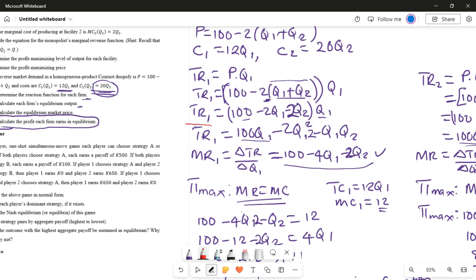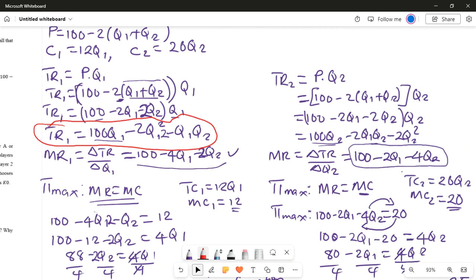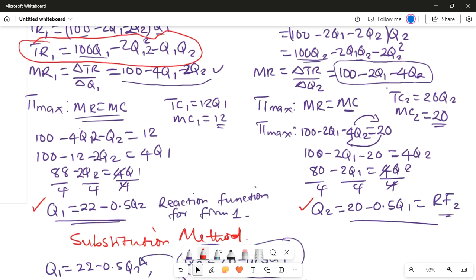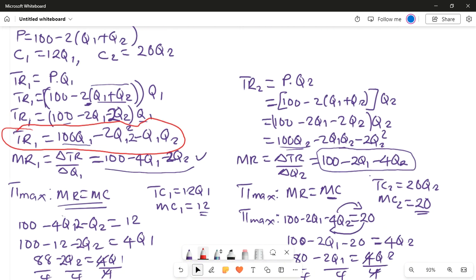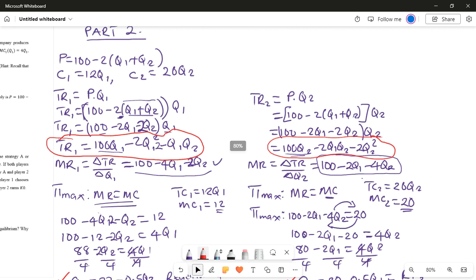And then for firm 2, what was that? Yeah, total revenue for firm 2, we had this. So we're going to use these two. Just take note of those.